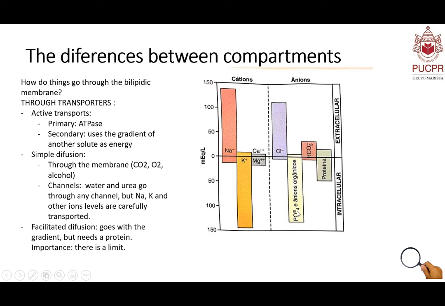We also have phosphate, which makes a lot of sense because inside the cell you have ATP, and ATP is mainly formed by potassium and other organic anions. So the composition of the intracellular and the extracellular space is very different regarding ions.